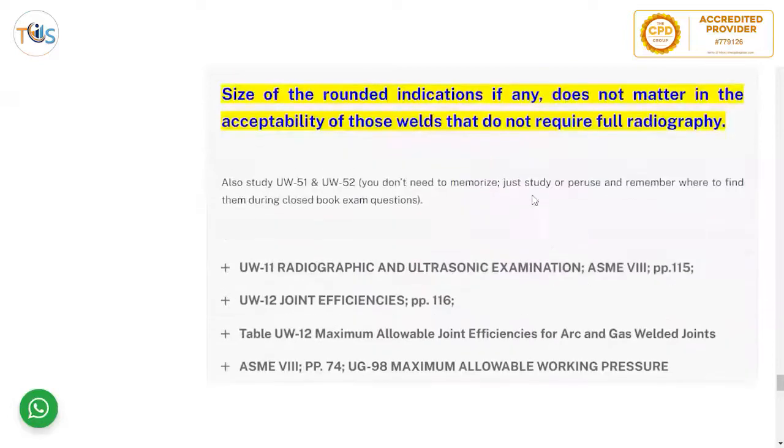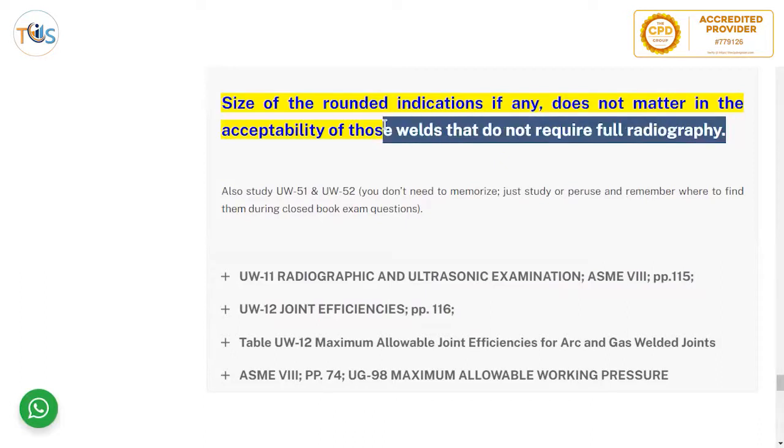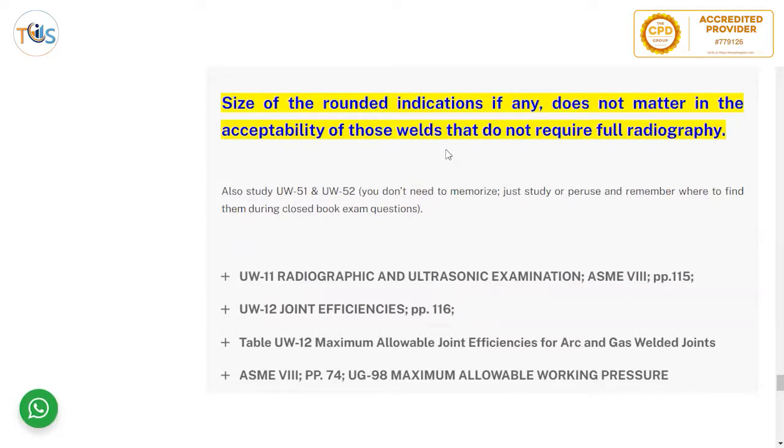Spot examination of weld joints, again UW-51, 52. And there might be a question coming, like the size of a rounded indication: is this much acceptable or not?